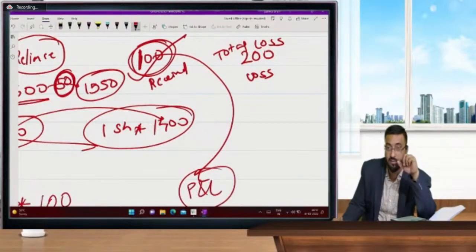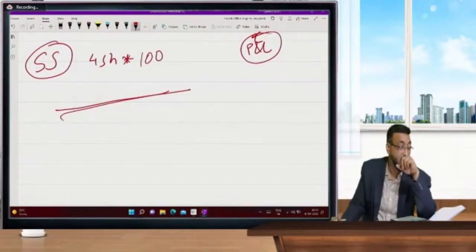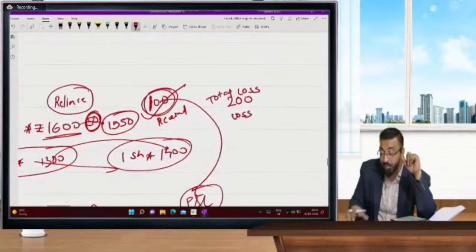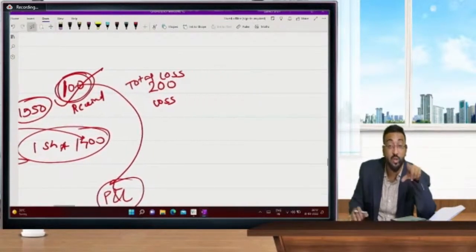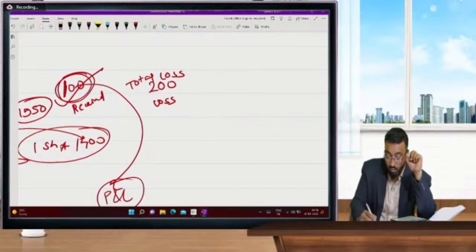But wait, that is for Sanket sir's example, a long-term investor. We assume everyone is long-term in that case. But beta, Pratham is doing this accounting. So Pratham has a loss of 200. What will he do?